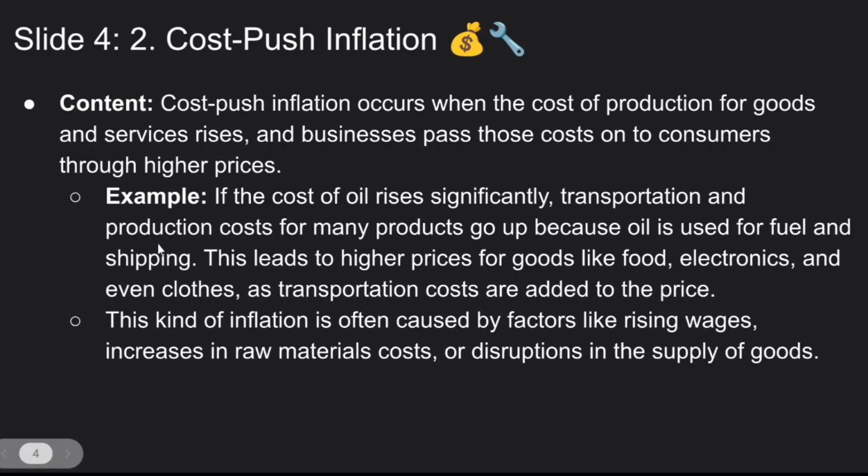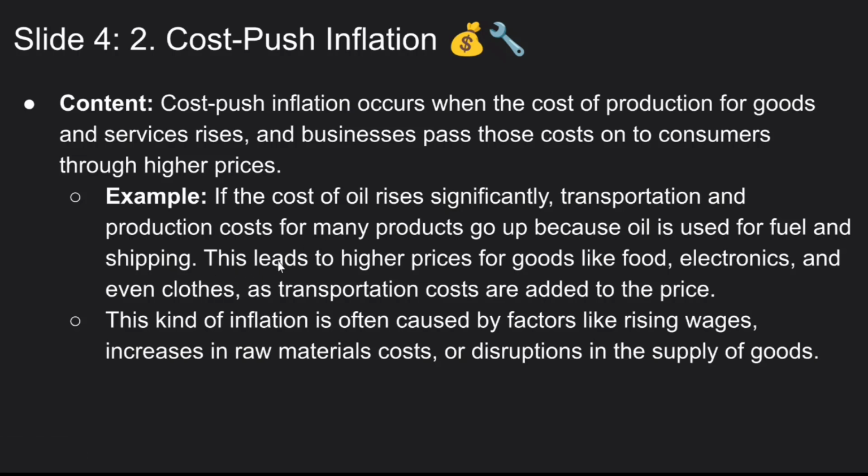That is not the only inflation model though, as we also have cost push inflation. This occurs when the cost of production for goods and services rises, and the businesses pass those costs on to consumers through higher prices. An example of it is if the cost of oil, let's say, rises significantly, transportation and production costs could also go up, because the oil is used for fuel and shipping.